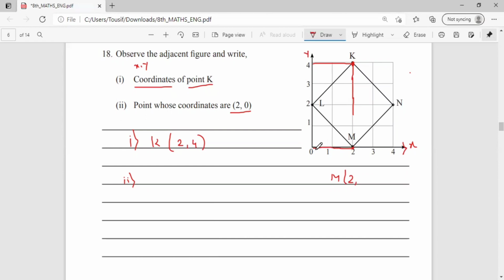We meet at which point? 0. So 2 comma 0 is the coordinate of point M. We can write that the coordinates 2 comma 0 are of the point M.